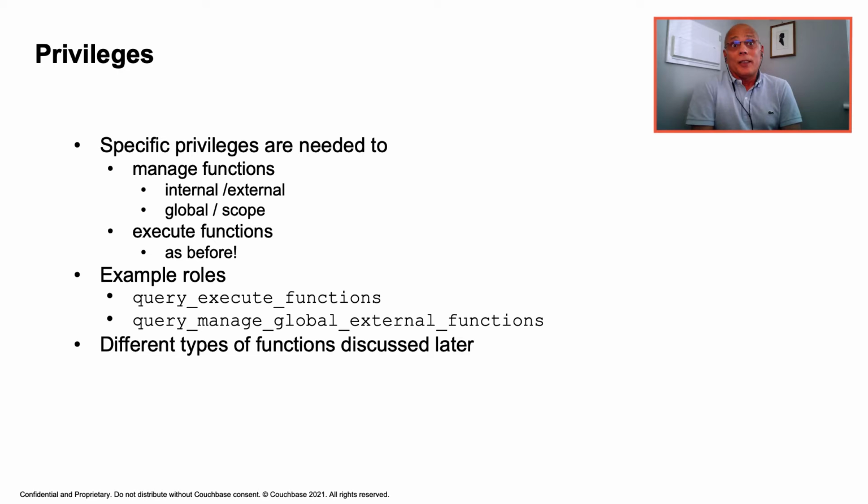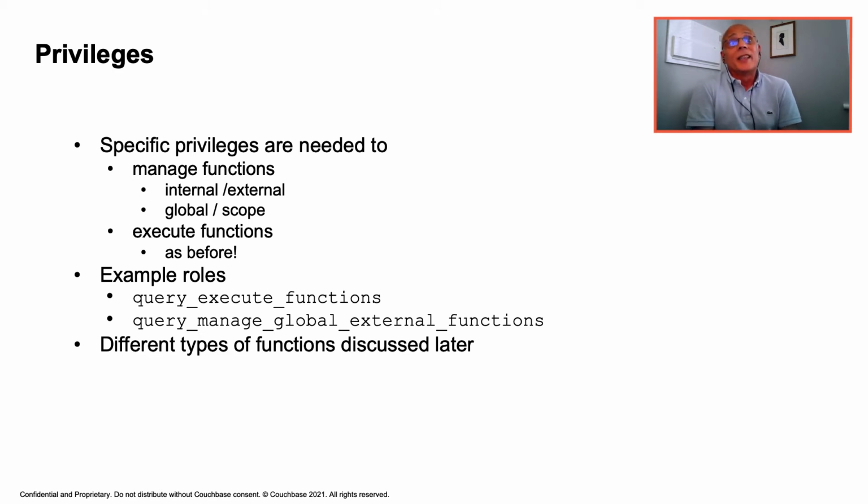Last but not least, privileges. When you are managing and executing functions, you need three different types of privileges. The first thing is you need specific privileges to manage the functions. Unless you've got the rights, you cannot create functions, you cannot drop functions.